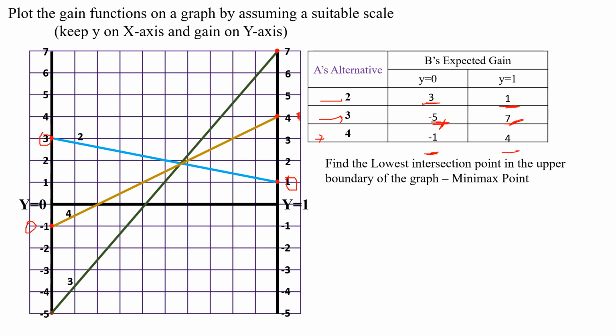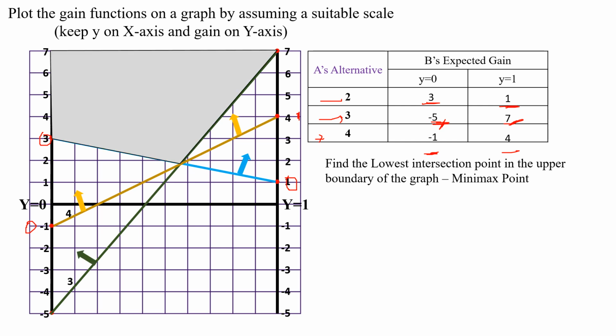So next, find the lowest intersection point in the upper boundary of the graph, which we call the minimax point. This is the upper boundary of the respective lines, and these are all the intersection points in the upper boundary.